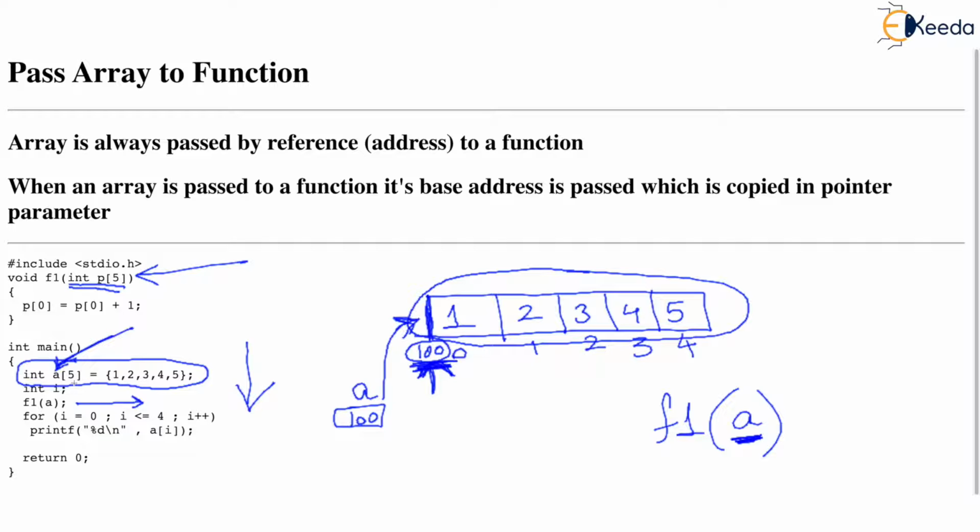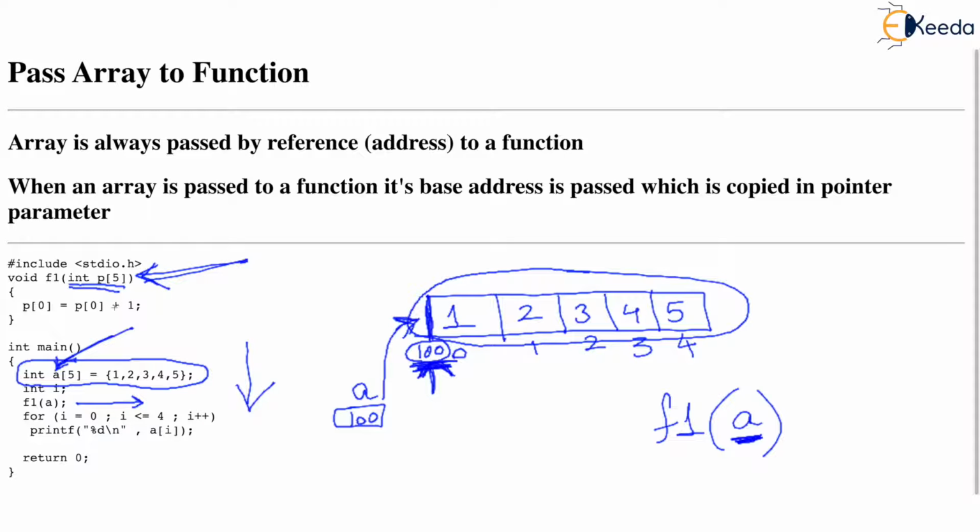By writing that, we told the C compiler that we have an array A which has 5 locations and every location holds an integer value, and check the parameter declaration. This parameter declaration says that we have an array called P. Just check my words. We have array P which has 5 locations and each location can hold an integer.